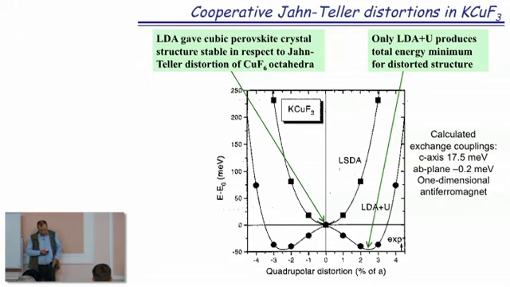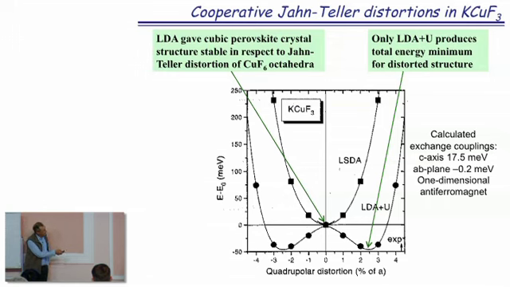And that is the most important part, showing why correlations are needed not only for spectra, for gaps and so on, but for crystal structure. So this conference is about crystal structures. That figure shows that there are cases where you need correlations to get qualitatively right crystal structure.